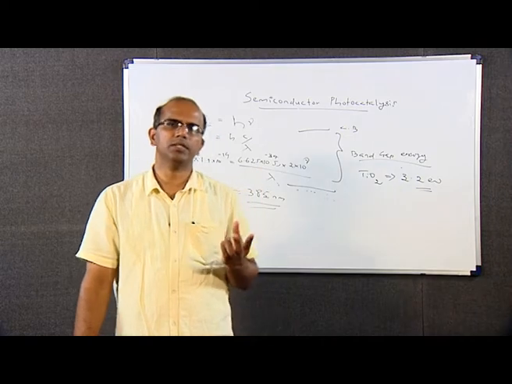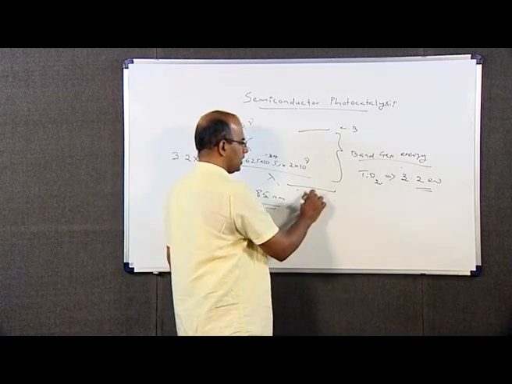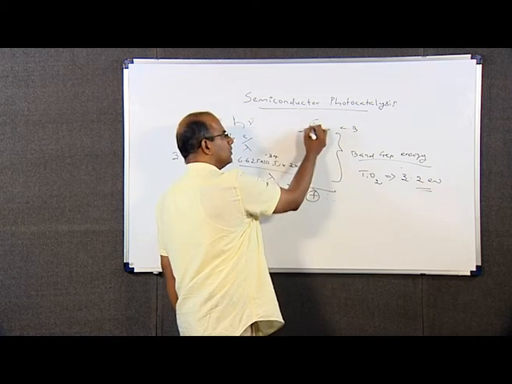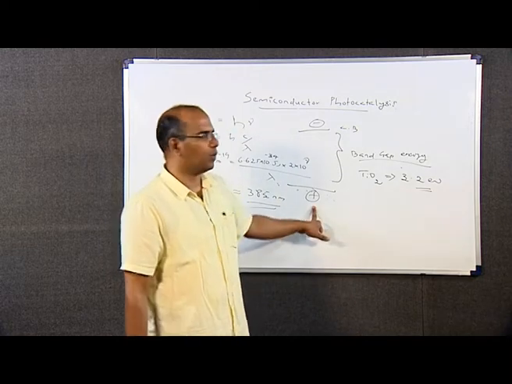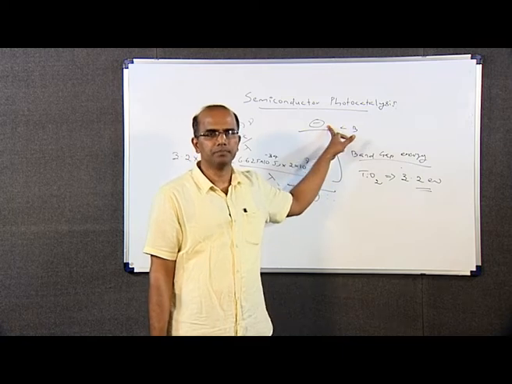What happens is a hole will be generated here, a positive charge, because one electron is lost from here. That will go to the conduction band. So, here you have a hole and here you have a free electron.